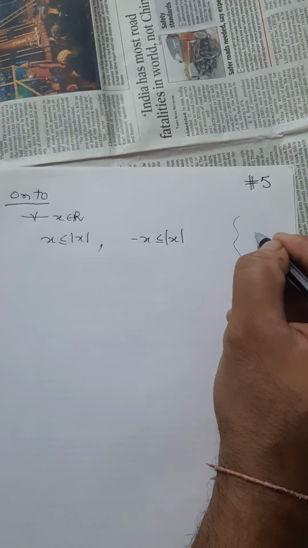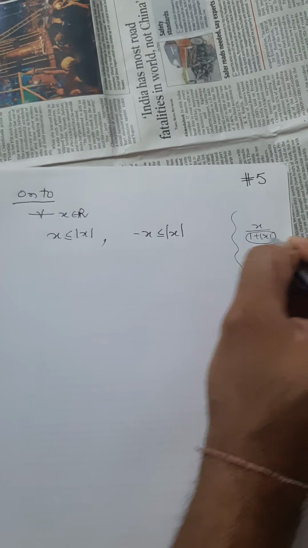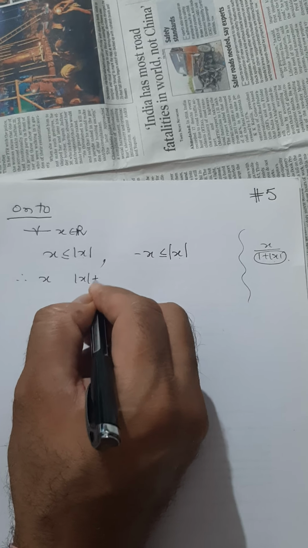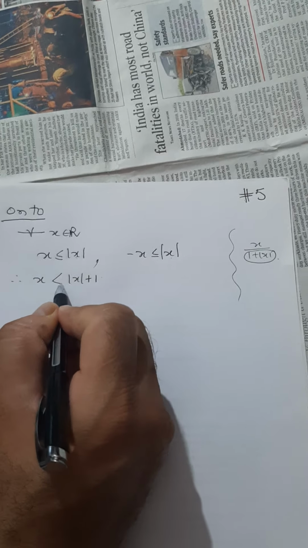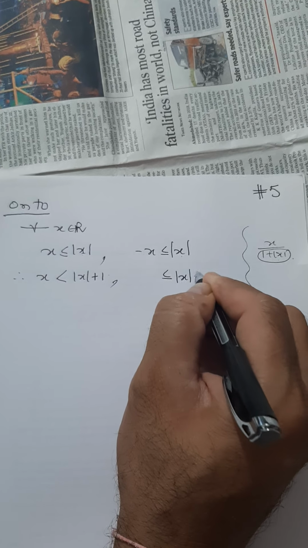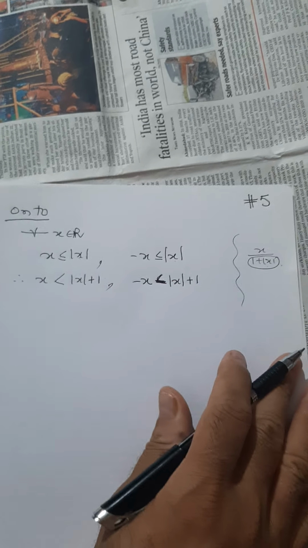I'm interested in x upon 1 plus modulus x, so I need 1 plus modulus x. So I'll add 1 only on the right hand side. If I add 1 on the right hand side, then these two need not be equal, so this would be greater than this. I'm just adding 1 on the right hand side. So this is just greater than minus x.